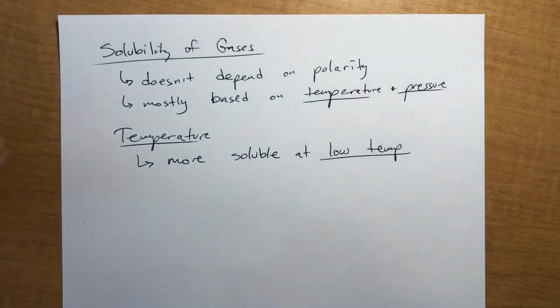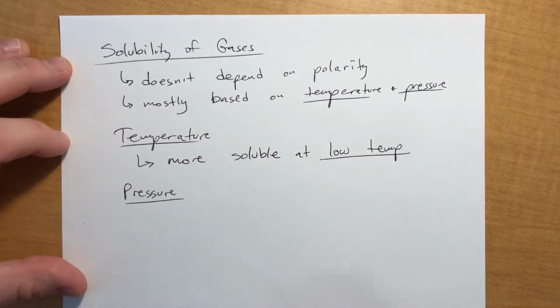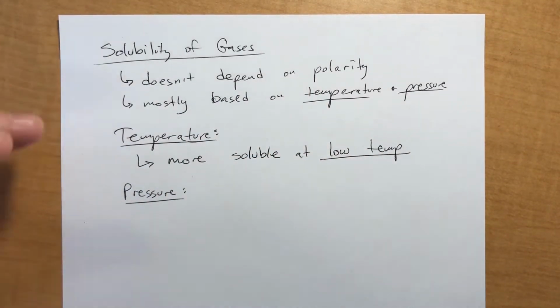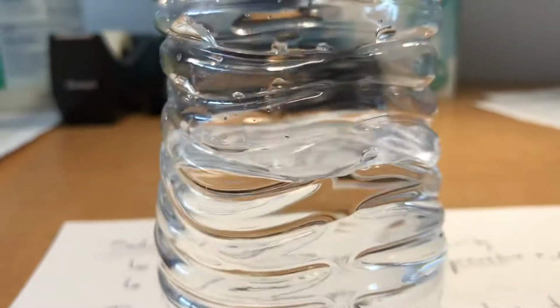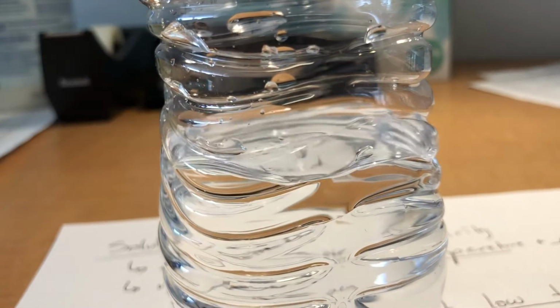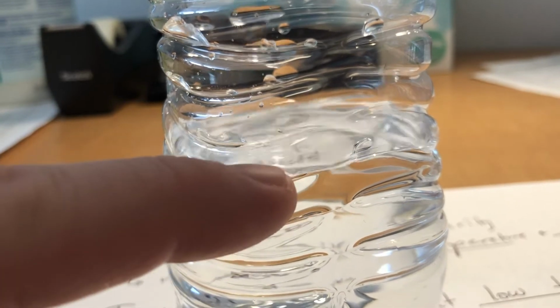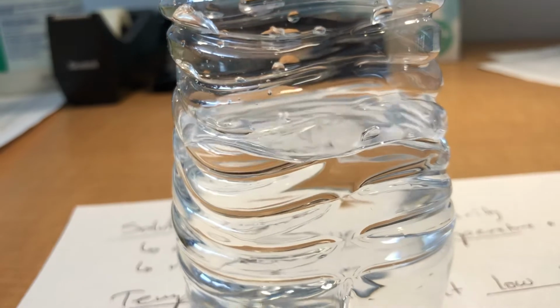Okay. Similarly, if we talk about pressure, we're talking about interactions. So what we're visualizing is if you had, let's say, some water in a container. Great. What we would have is this is the water, and there's gases up here. To get these gases to dissolve in here, if you have it at low temperatures, they move slower, which means anytime they hit the water, there is less of a chance that they'll have the energy to escape.